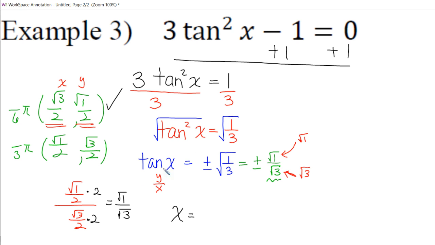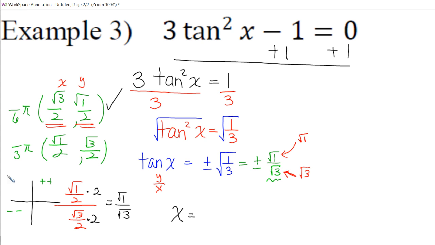Now, let's be careful with this. Since it's plus or minus, we've got to consider all the options. So, tangent is positive, or a fraction is positive, when they have either both positives on the numerator and the denominator, or both negatives on the numerator and the denominator.